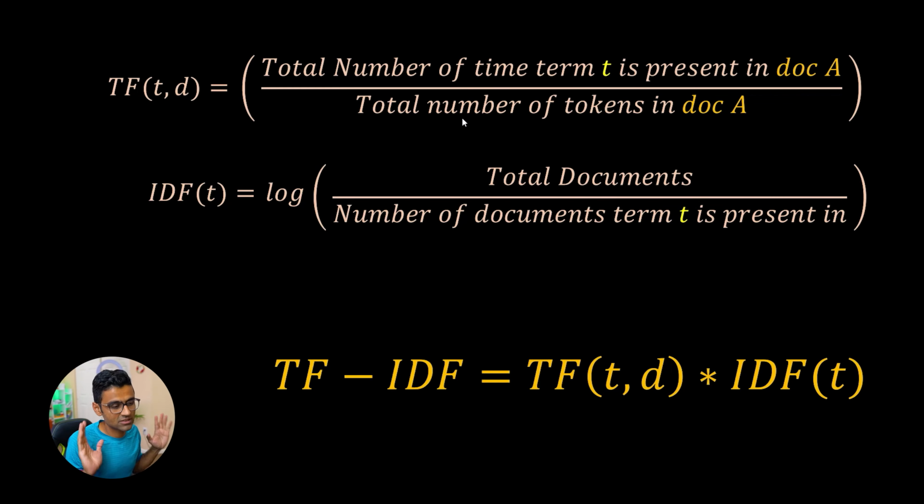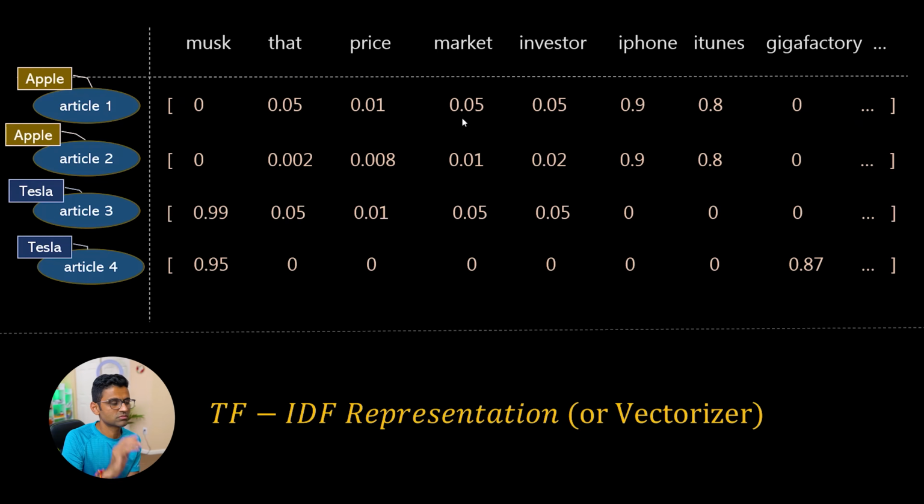And TF-IDF is just a multiplication of these two terms. And we will use that in today's tutorial to do our coding. So we'll again do a text classification for e-commerce goods, and we'll be using the TF-IDF representation.